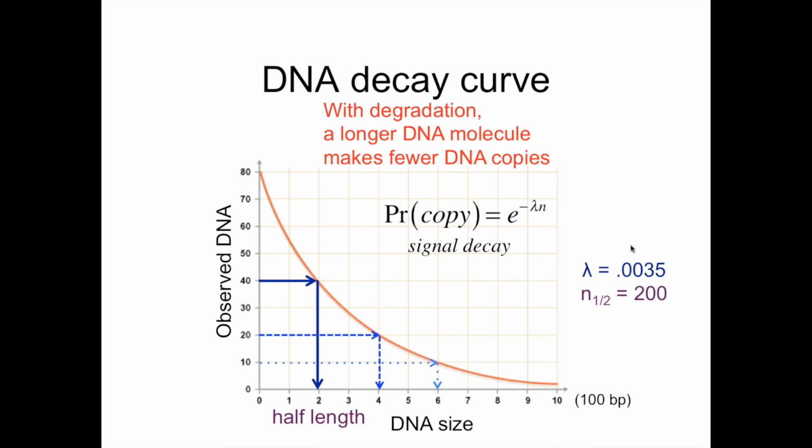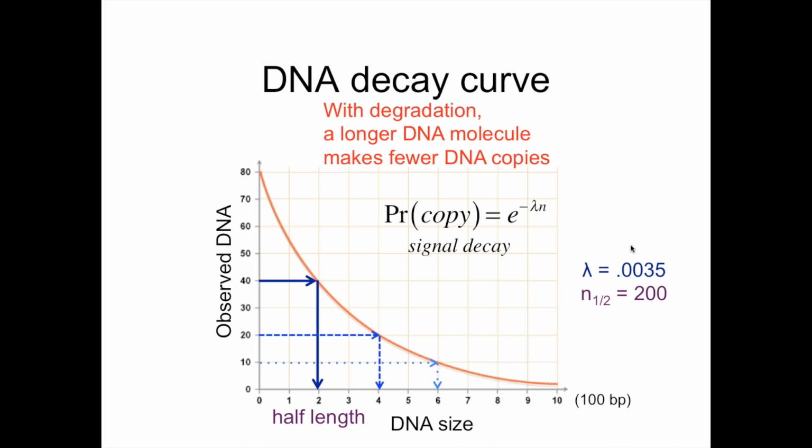Now, looking at our curve, we can see the effect of the half length. If the top of the scale is 80, halfway down is 40, and following the solid blue arrow, that brings us to 200 base pair. If we halve it again to 20 on the scale, then that brings us out to another 200 base pair, or 400 base pair.